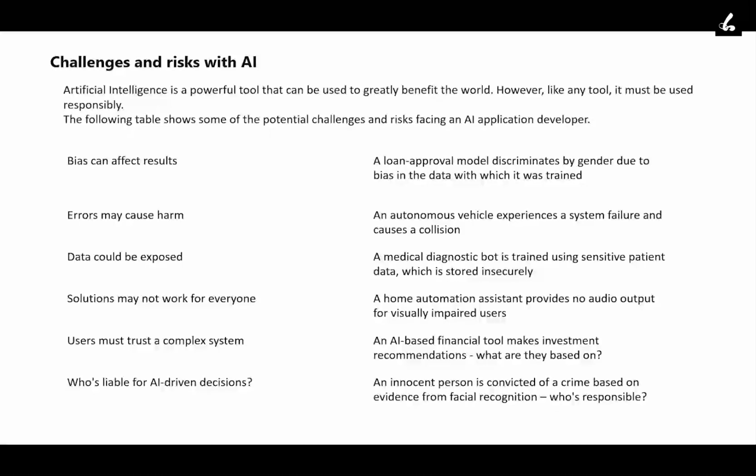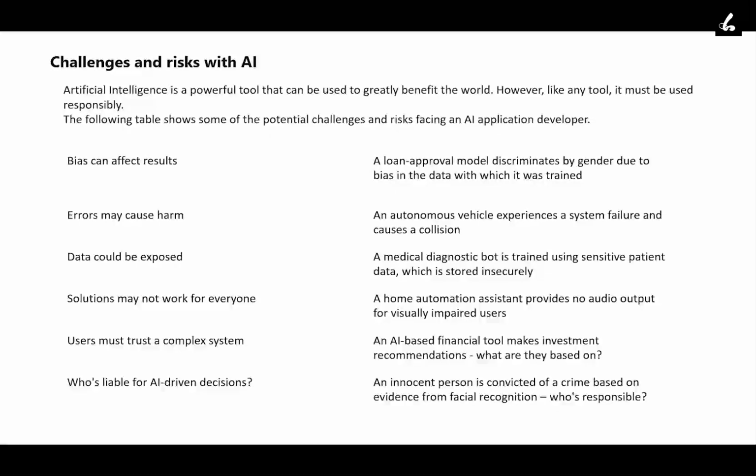Now next, talking about more, users must trust complex systems. Like an AI-based financial tool that makes investment recommendations. What are they based on? If we completely trust an AI financial tool in a financial advisory or financial business, it just gives the recommendation based on the data and input it has.